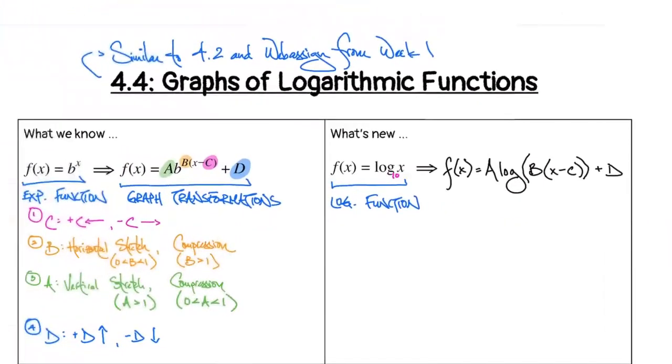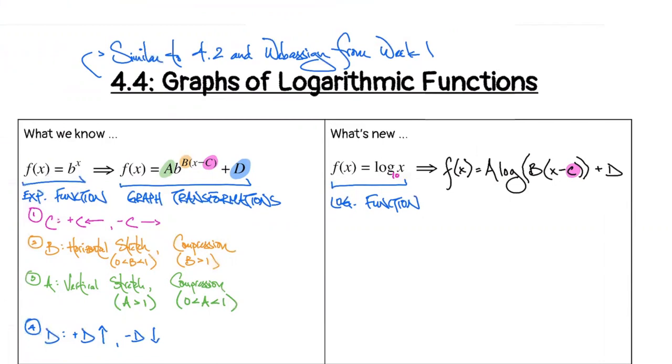And when we look at these side by side, as mathematicians, we should notice that some of these things are very similar, right? If we look at this log graph transformation, if I put in a number for x, the first thing I'm going to do is still going to be the c value.